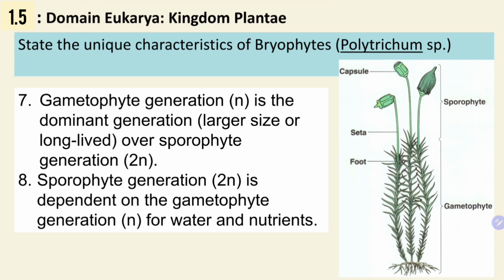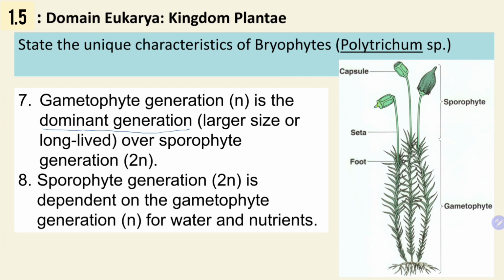The next characteristic for organisms in group Bryophytes is the gametophyte generation, which is the haploid generation, is the dominant generation. So kat sini ada satu perkataan iaitu dominant generation. So the term dominant generation refers to the size and refers to the lifespan of the generation.